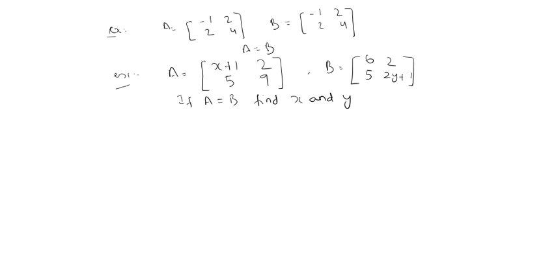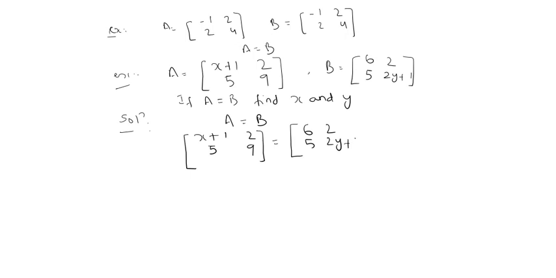So if we take the given as A equal to B, x plus 1, 2, 5, 9 equal to 6, 2, 5, 2y plus 1. Whenever we say that two matrices are equal, their corresponding elements are equal.